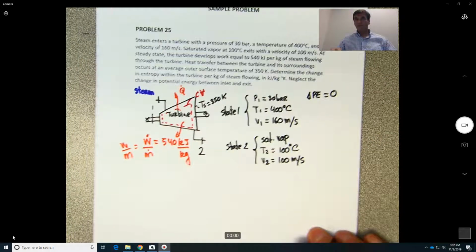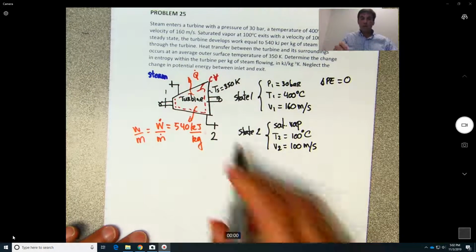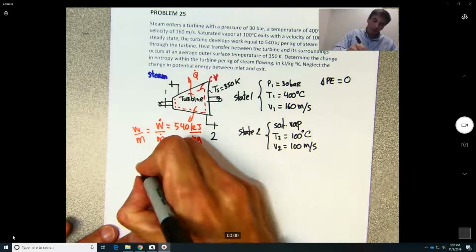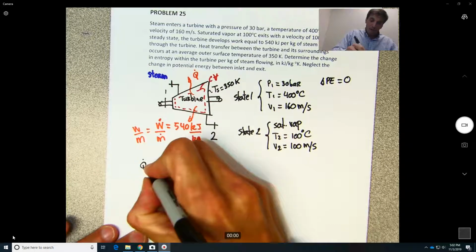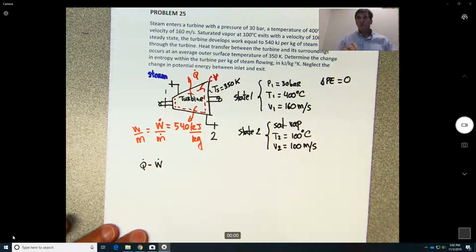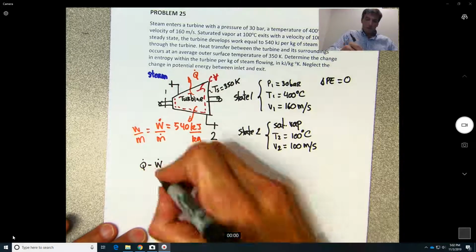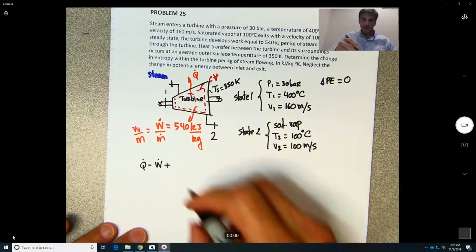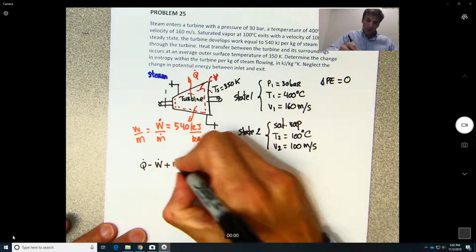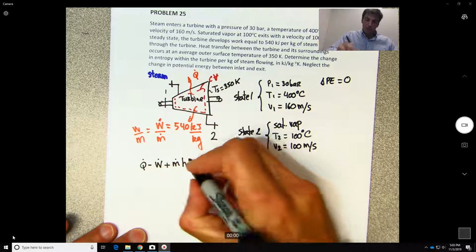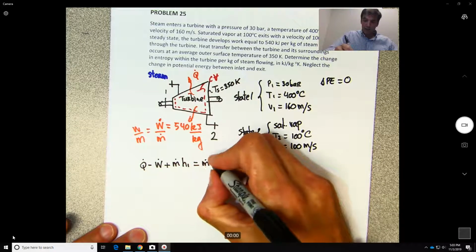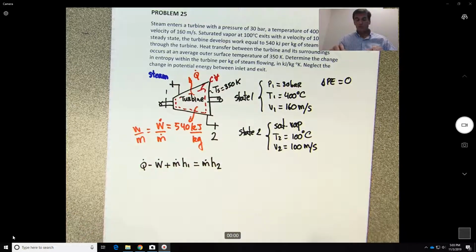Okay, so for this problem, the first principle of thermodynamics becomes what? Q minus W plus H1 equal to H2.